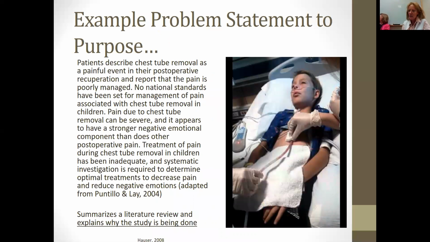So here's an example of problem statement to purpose. And I'll just let you read through and see what you think. Can you see it, or is it too small back here? Okay.